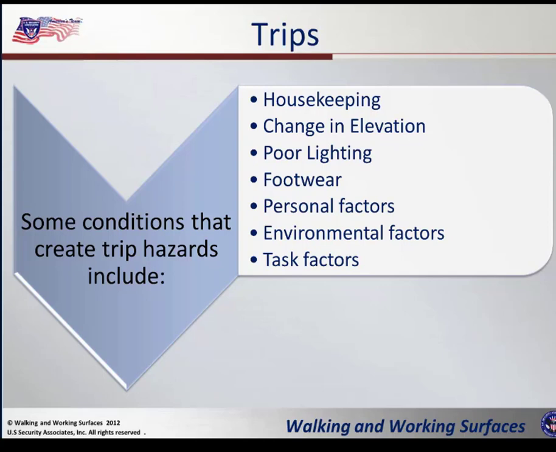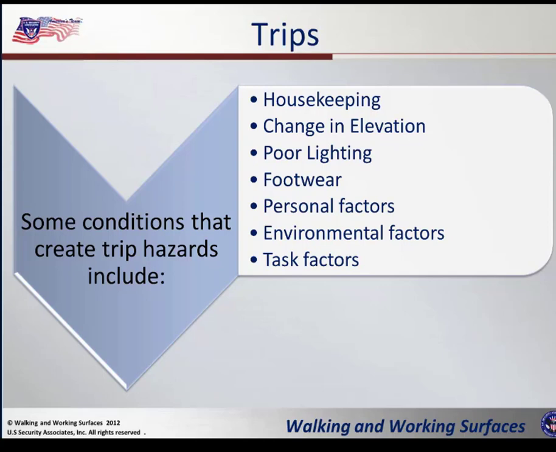Poor lighting. Are there lights off? Are there lights out? Again, things that you can note in your daily report and let your supervisor know about. Footwear, especially if you're in an area that is known to be slippery. Again, we have to know that the kind of footwear that we're wearing is going to help us, not create a worse situation. Personal factors, okay? Are you hurt?